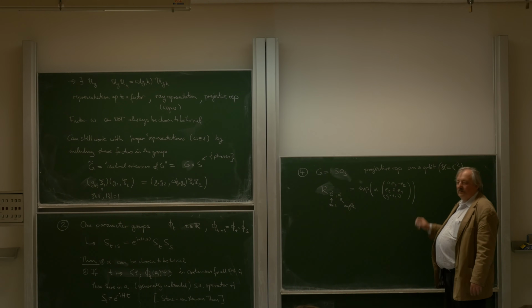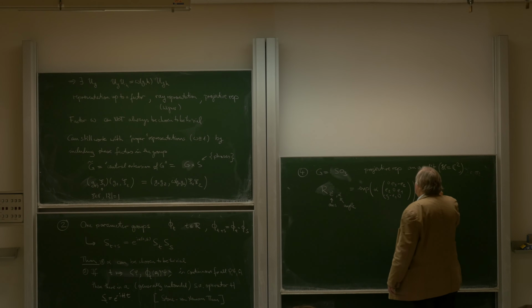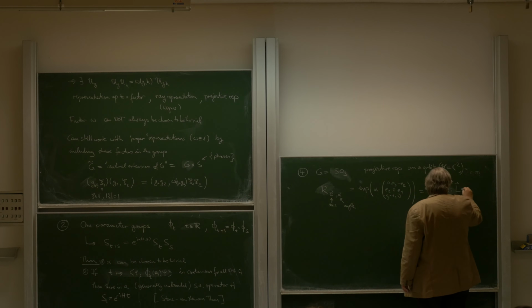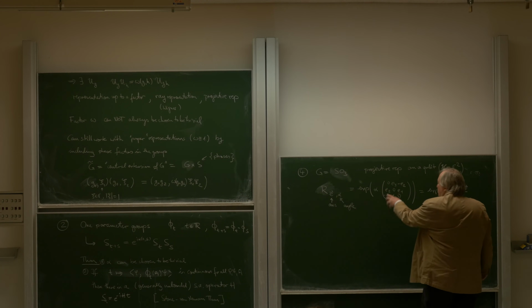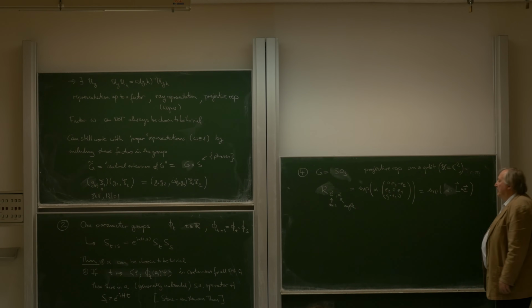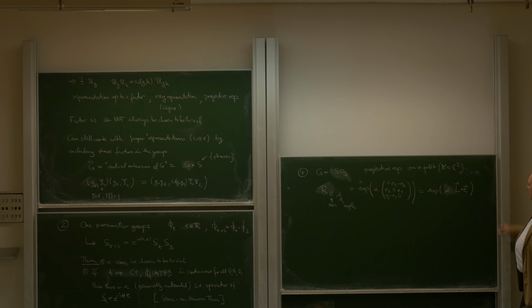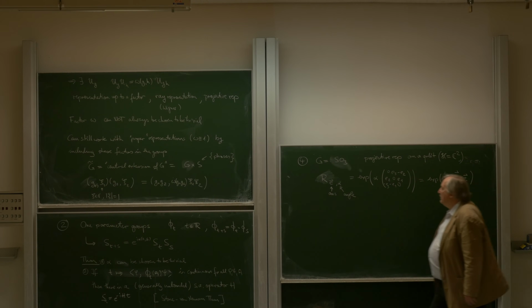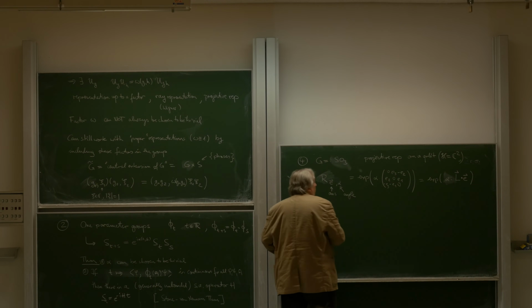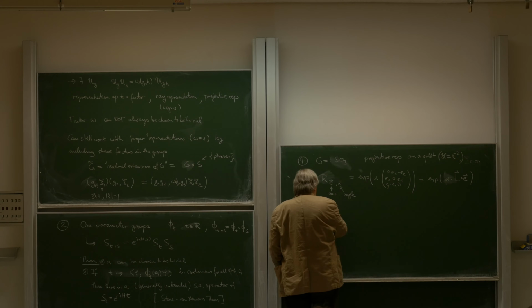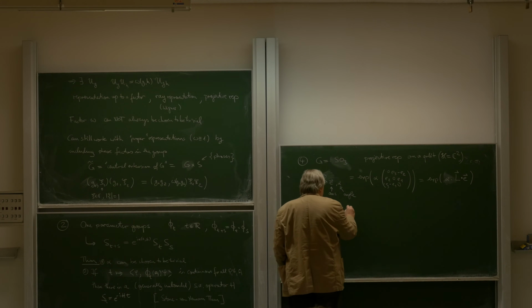This is just a rotation around an axis, so you could write this as the exponential of alpha times a vector of operators that you build like that, scalar product with a direction, and then U is the same kind of rotation.